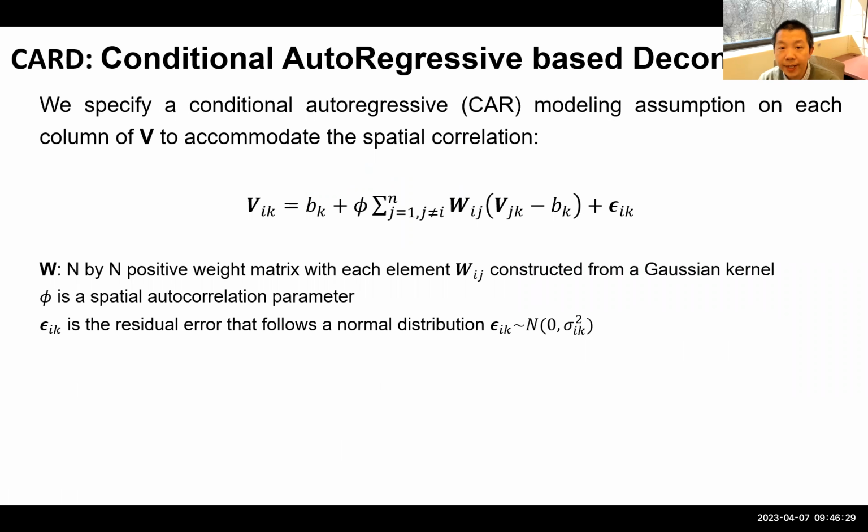Specifically, the cell type composition on location i depends on the neighborhood locations as well, so you can borrow neighborhood information to better estimate it. We use a CAR modeling assumption on V in order to encourage that.